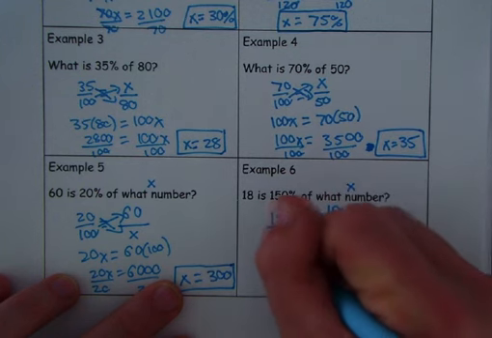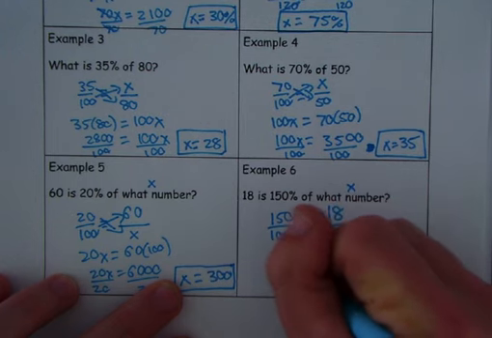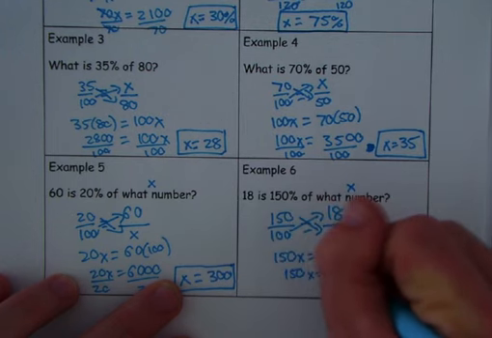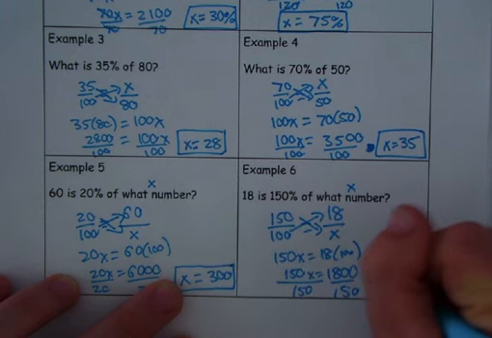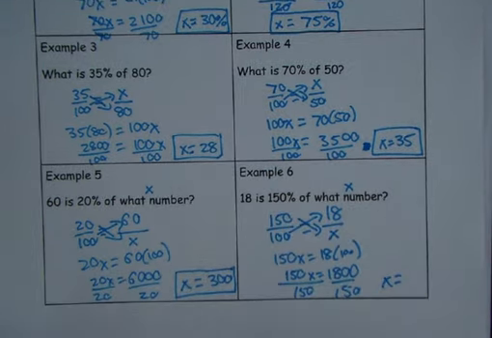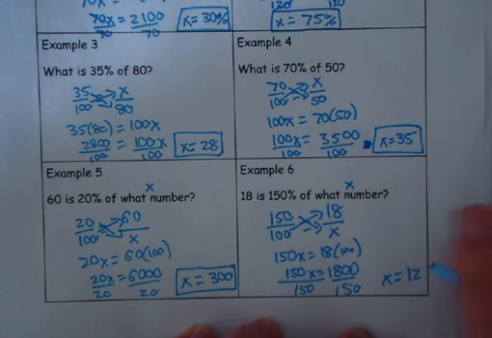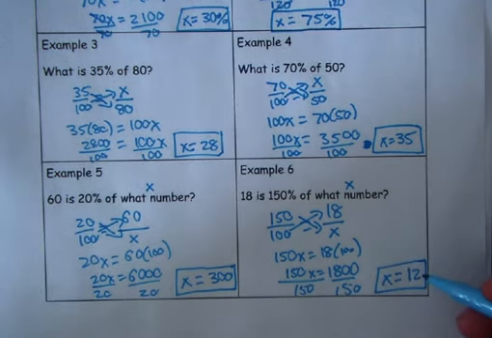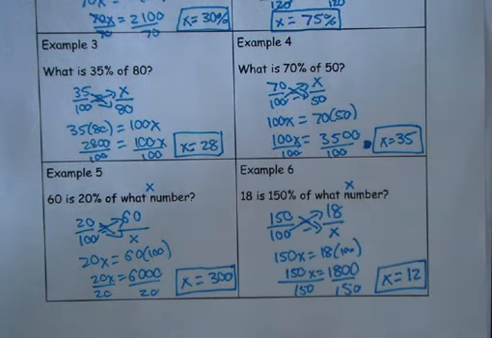We get 150x equals 18 times 100. 150x equals 1,800. Divide by 150. And x equals 1,800 divided by 150, or 12, right? 18 is 150% of 12. That makes sense because half of 12, or 50%, is 6. 12 plus 6, or 150%, is going to be 18.